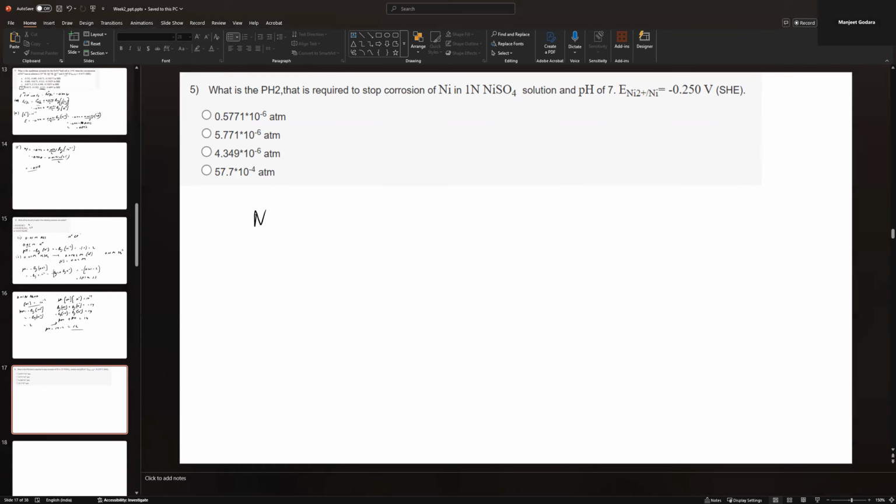So nickel is getting converted to nickel 2 plus plus 2 electrons, and your other half reaction is the hydrogen reduction reaction: 2 H plus plus 2 electrons gives H2 gas.